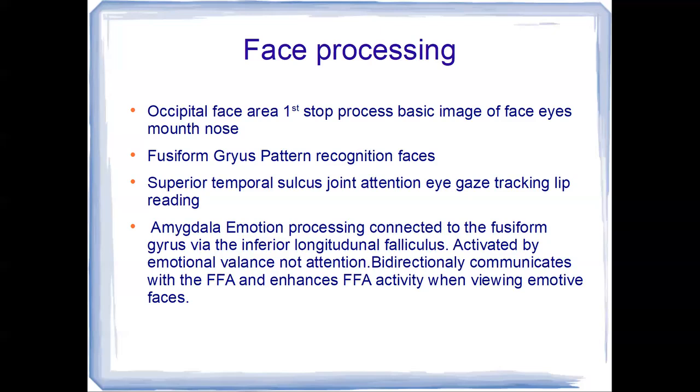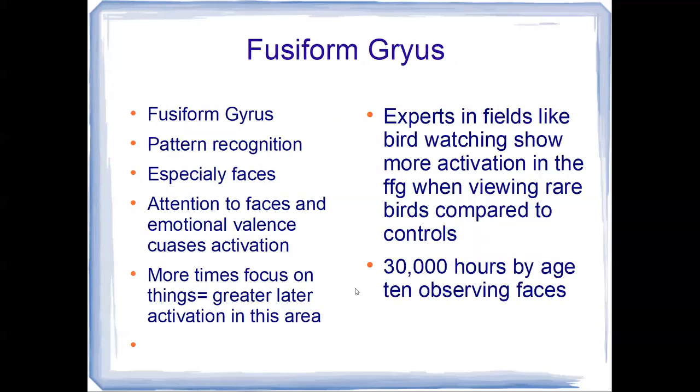And the amygdala is activated only by emotional valence, not attention, unlike the fusiform gyrus. And it also enhances fusiform gyrus or fusiform face area activity when they're viewing a face that is displaying a specific emotion.